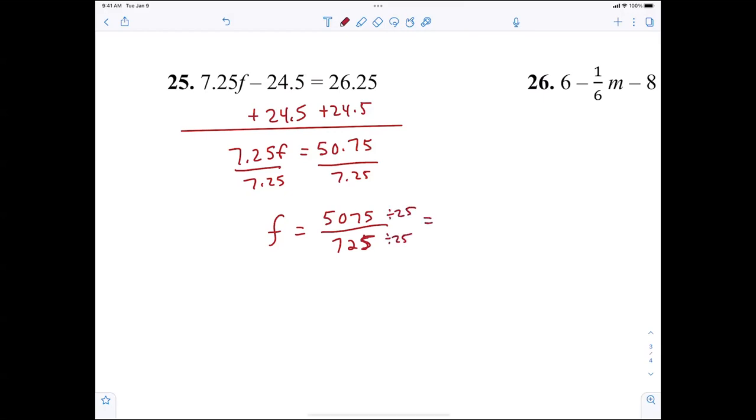And what do I get for the top, Nora? 203, right? And then for the bottom one, that's just going to be 29. Now, again, how did you know it was 29?